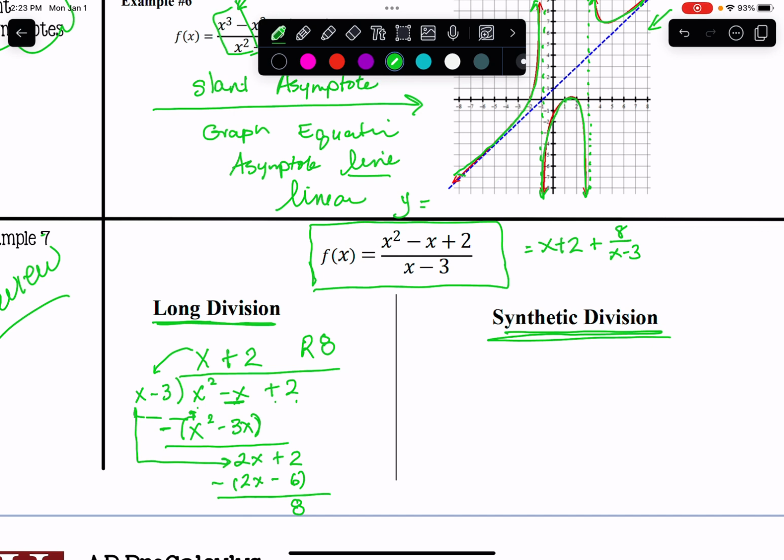Okay, and so that's how you would do that long division. Now, guess what? This part without the remainder is your slant asymptote. So y equals x plus 2 would be our slant asymptote.